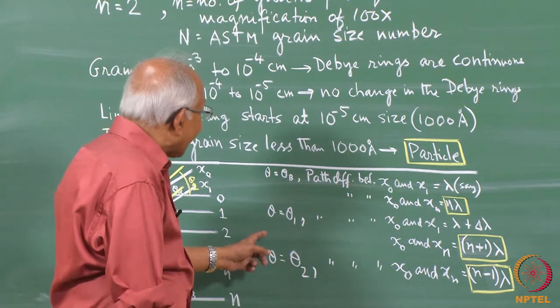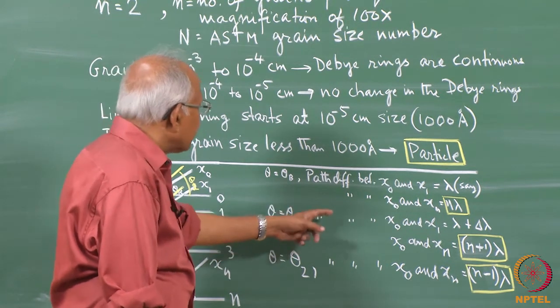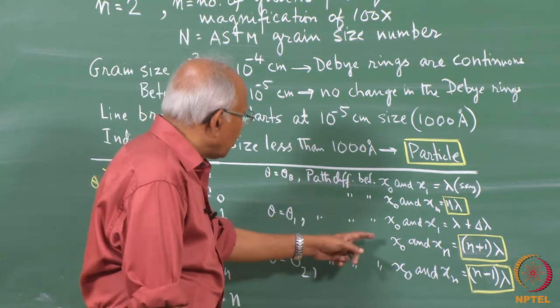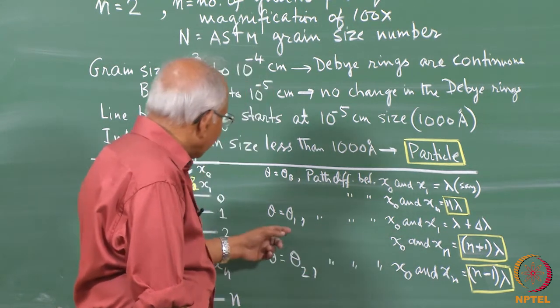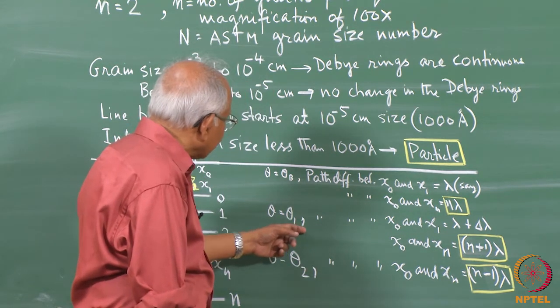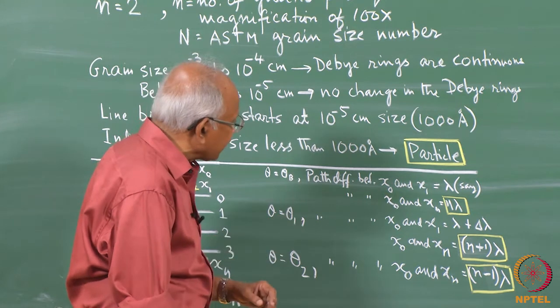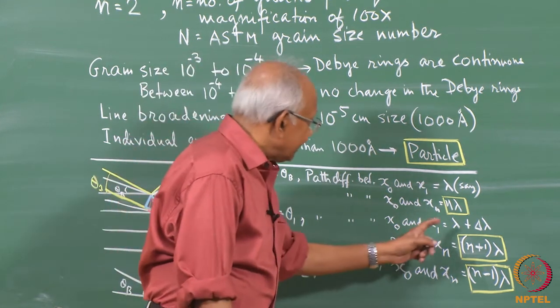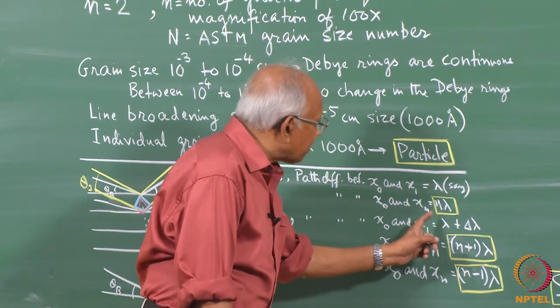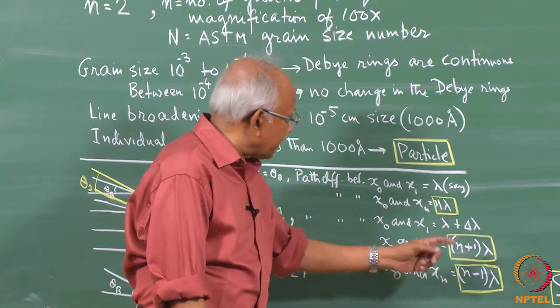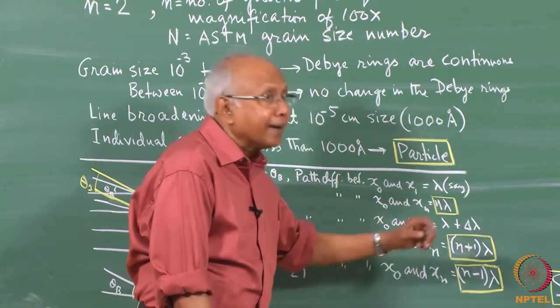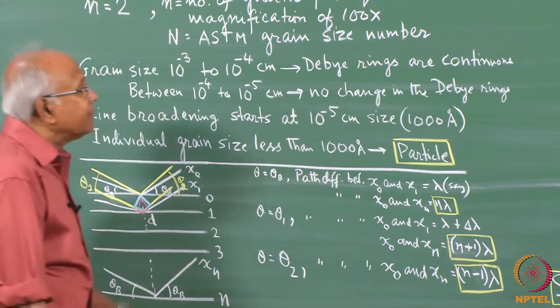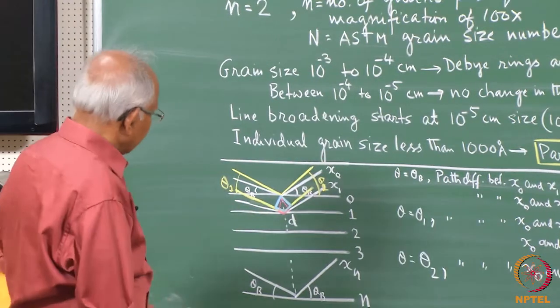And what will happen to the path difference between x0 and xn when theta is theta 1, slightly larger than theta b? It will be n lambda plus 1 more lambda, it will be (n plus 1) lambda. Now, why is this so? The reason is very simple.